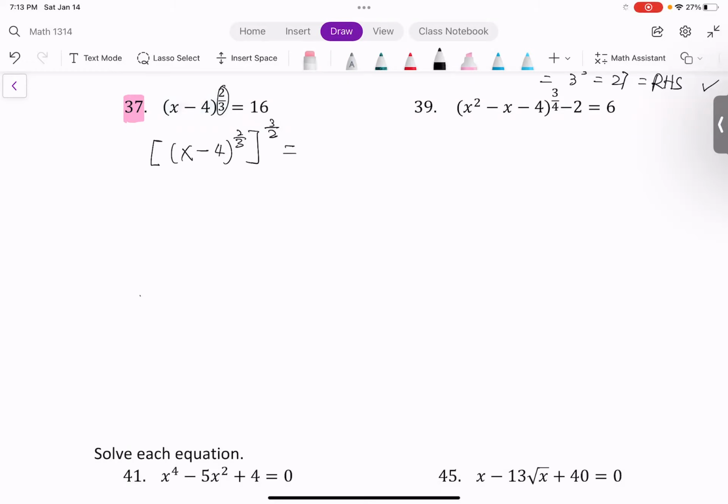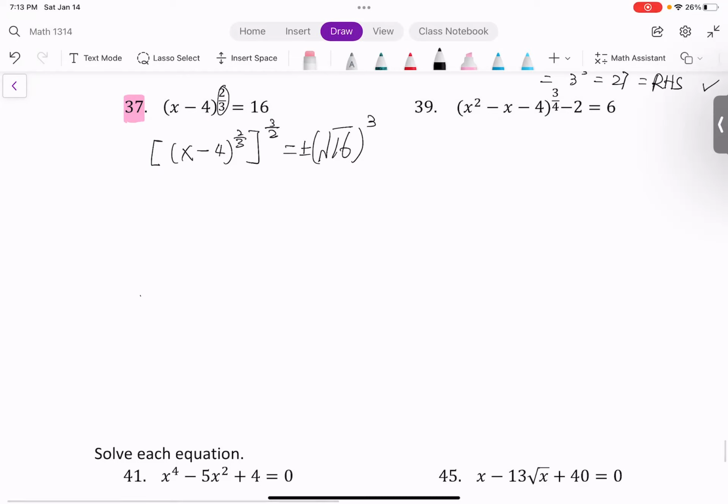On the other side, if you need to raise the 16 to 3/2, I can rewrite it as the square root of 16, then raise it to the third power. If you square root something on both sides, especially when the left-hand side is a variable, you must have a positive or negative solution. You cannot only keep a positive solution.